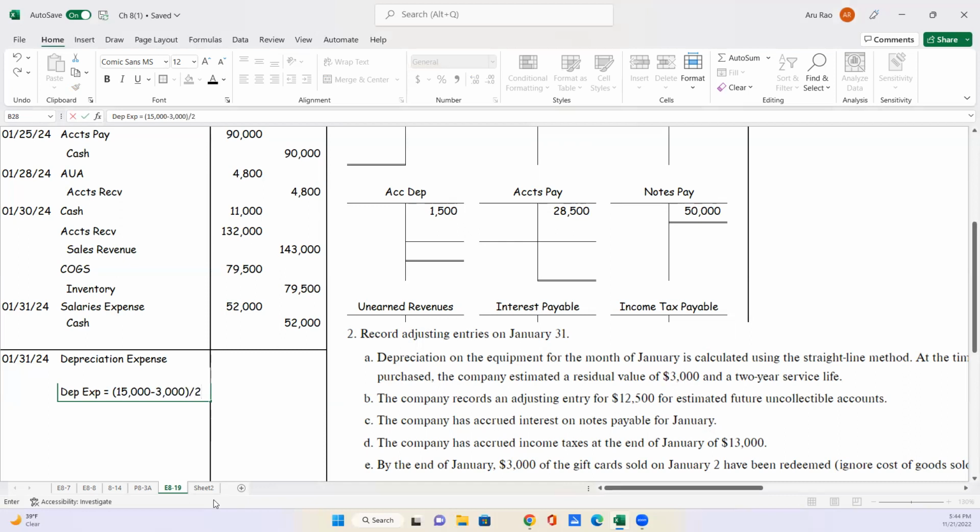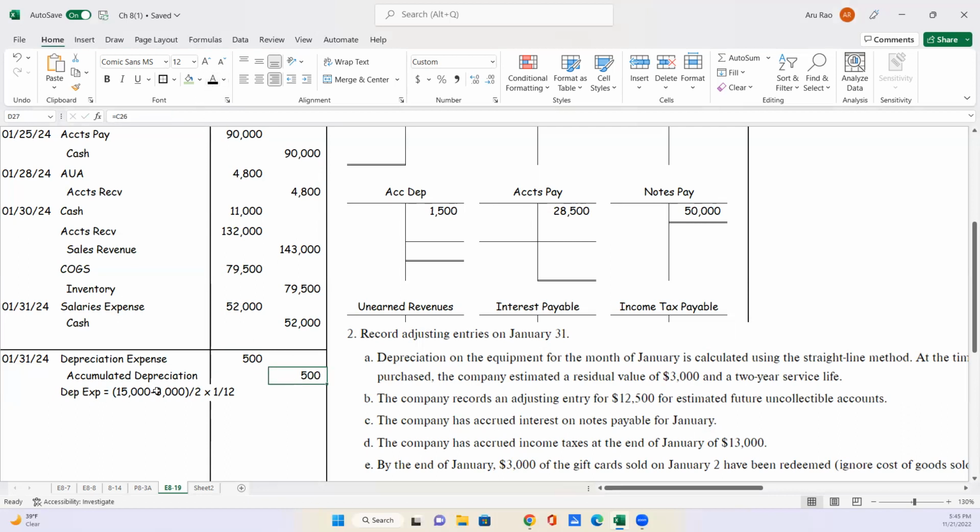Now this is for per year, but then I need to calculate only for the month of January. So multiply by 1/12. So the original cost minus residual value divided by 2, that's per annum, then multiplied by 1/12. That's how we calculate the depreciation expense. So here what we're going to come up with is $500.